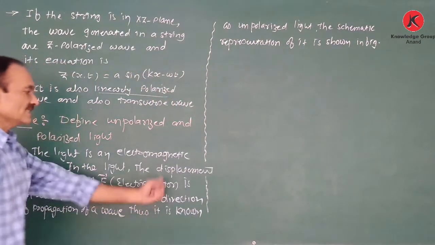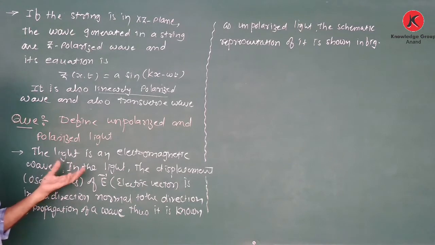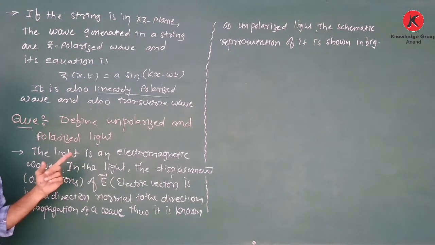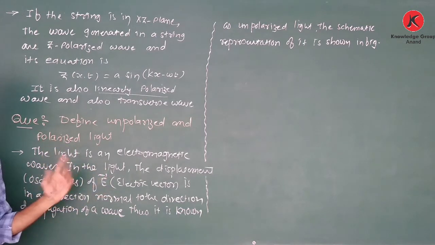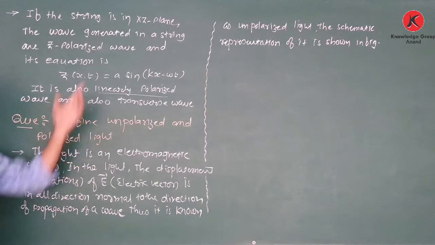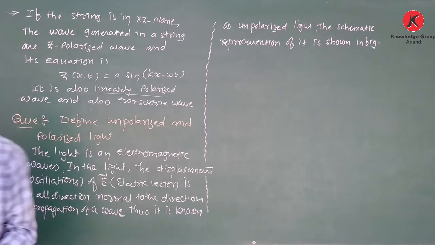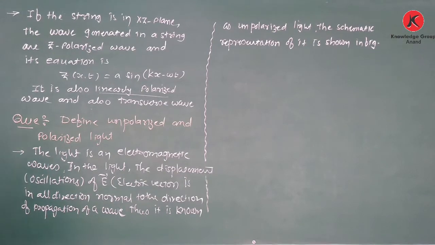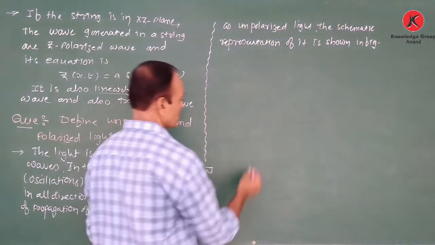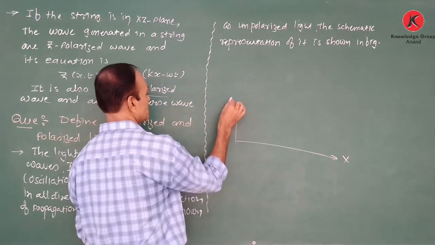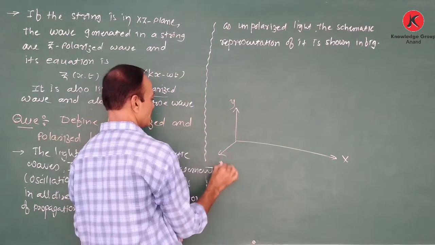Now listen, first the light is an electromagnetic wave, therefore the electric field vector oscillates in all directions. This direction is perpendicular to the propagation of the wave. Therefore the light is known as unpolarized light. Now here we discuss the electromagnetic waves. There is the X direction, the Y direction, and the Z direction.